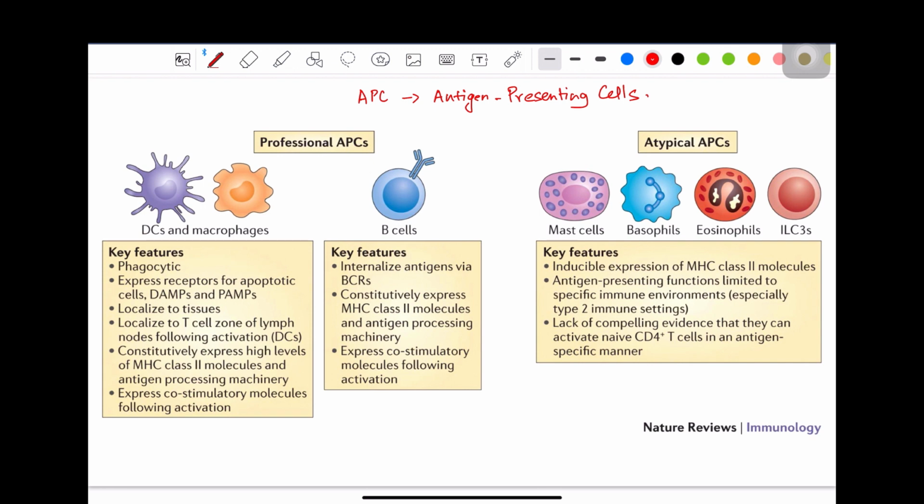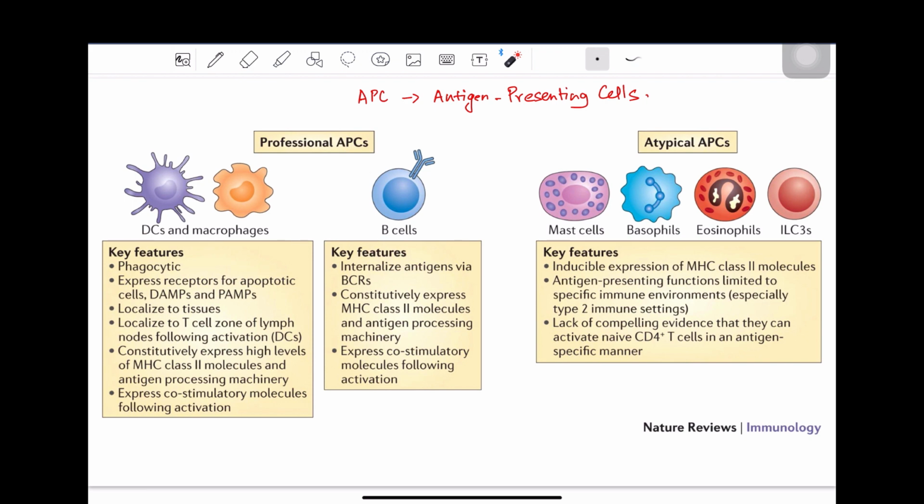Now APCs can be divided into professional APCs and atypical APCs. So what are the professional APCs? Dendritic cells, macrophages, and the B cells.